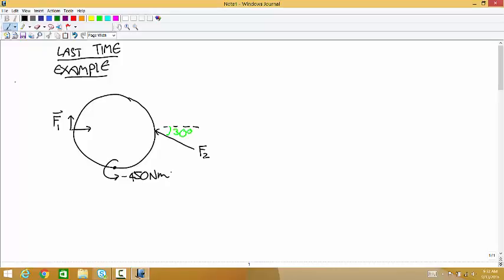And I also specified the about point. And we said if this is in static equilibrium, so nothing's accelerating, what are the loads? So what are the vector F1 and the scalar F2?